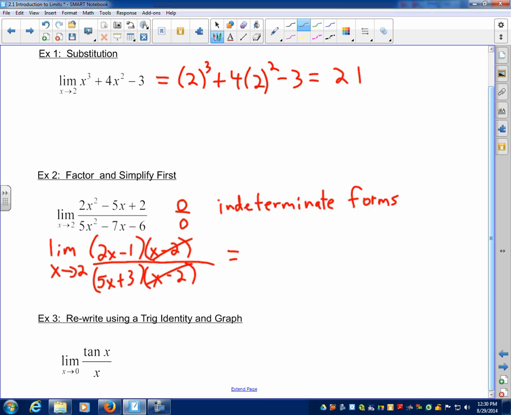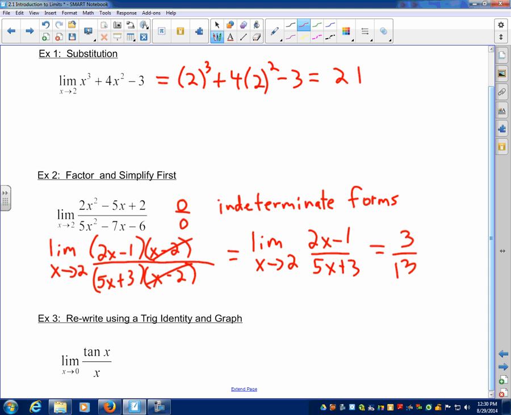So what happens when I cancel that out is I have the limit as x approaches 2 of (2x minus 1) over (5x plus 3). And if I plug 2 into that one, I do get a limit: 3 over 13. So can you tell me where on this function I have a hole?